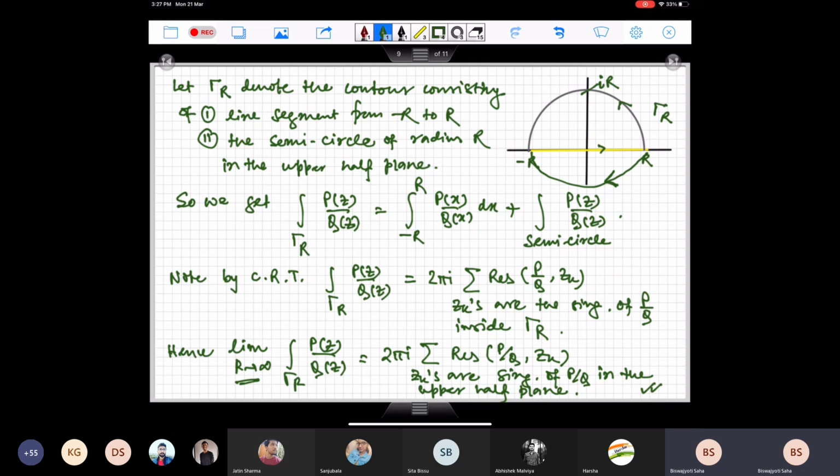Otherwise, there is absolutely no difference. You can take the semicircle on the lower half plane as well, but you need to count the singularities on the lower half plane, and remember to adjust the sign. Fine. Is it clear, Abhishek? Yes, sir.